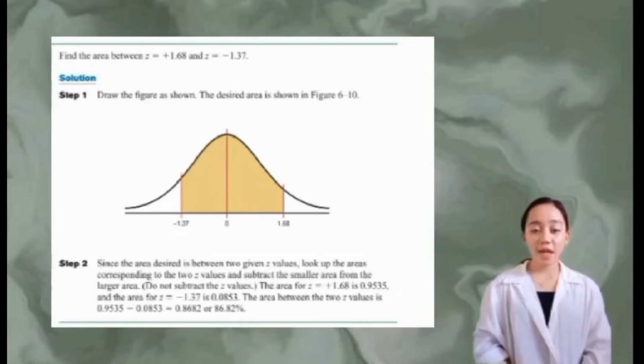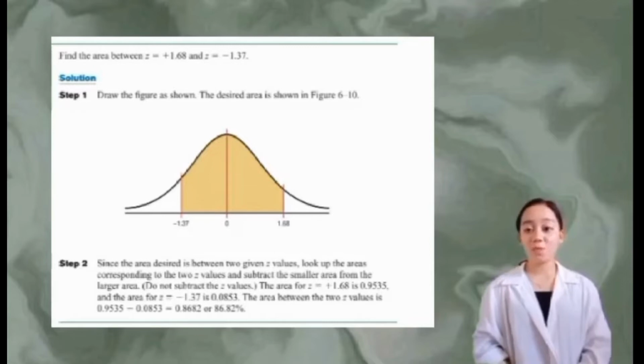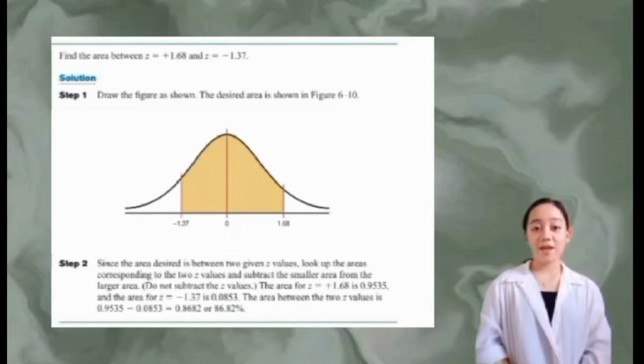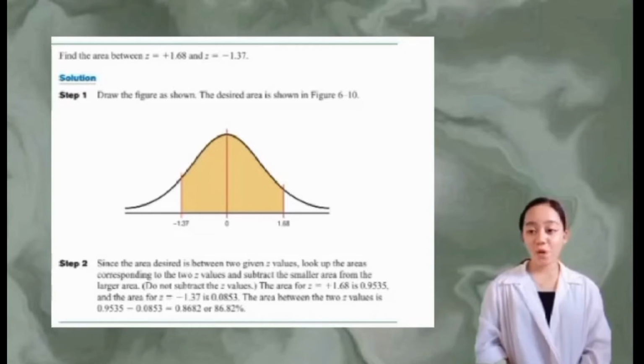Since the area desired is between two given z values, look up the areas corresponding to the two z values and subtract the smaller area from the larger area. The area for z equals positive 1.68 is 0.9535, and the area for z equals negative 1.37 is 0.0853.